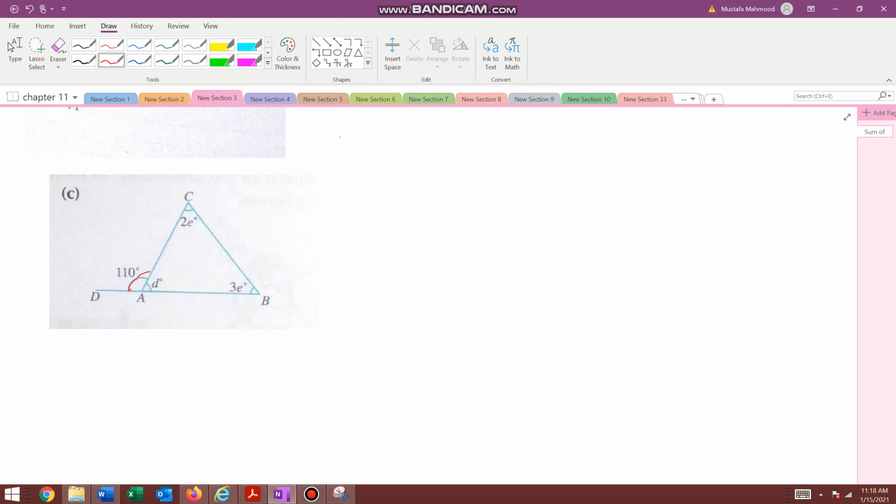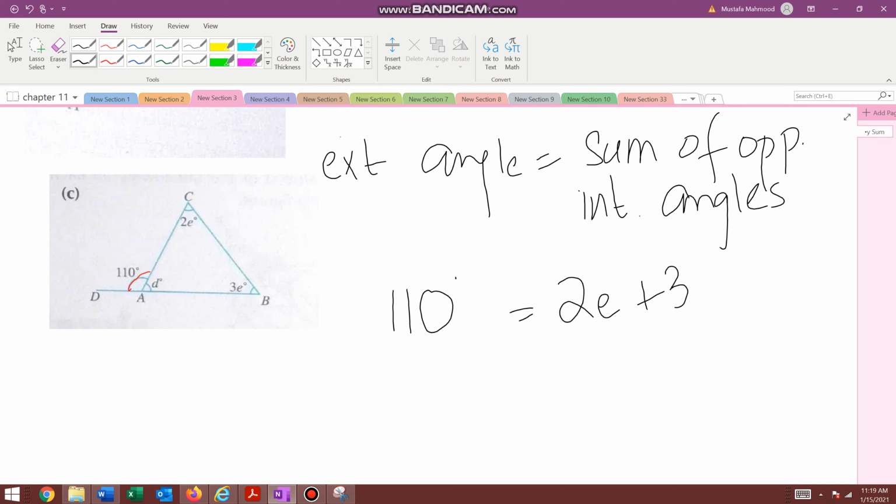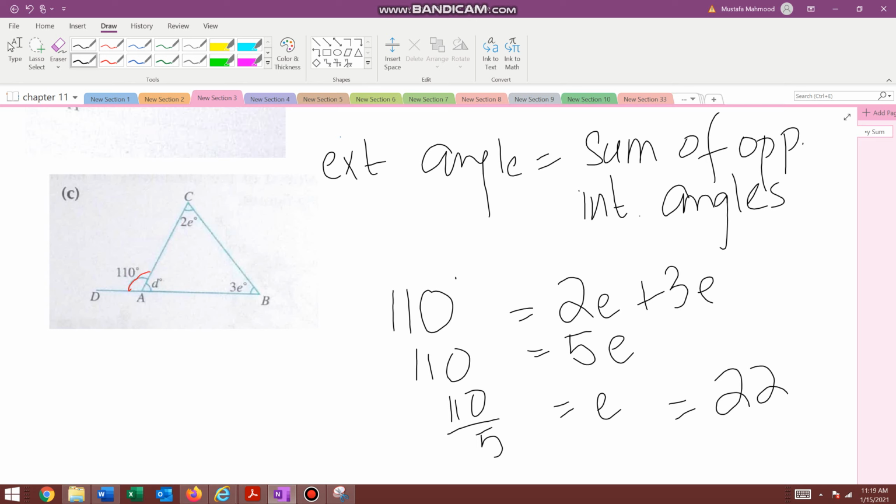So the exterior angle, 110, is equal to 2E plus 3E. If you solve this equation, 110 is equal to 5E, and 110 divided by 5 is equal to E, which gives you 22. Okay?